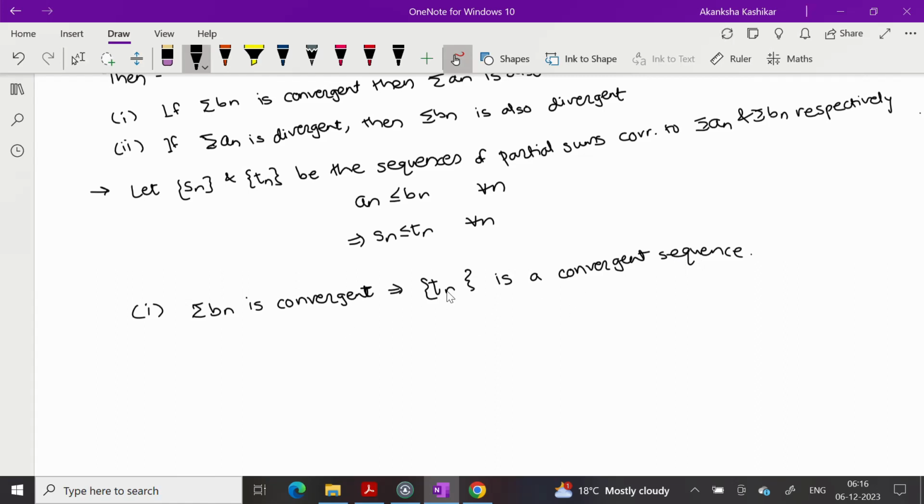We have already proved in sequences that every convergent sequence is bounded. Therefore, Tn is a bounded sequence.